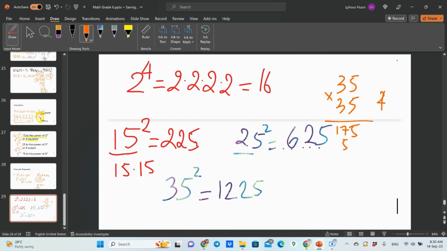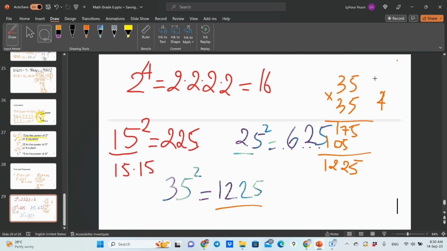So 1 here. 3 times 3 is 9, plus 1 is 10. Okay, so 5, 2, and carry 1. So 1 plus 1 is 2 and 1. So the answer is 1225. Okay, the second time was right.